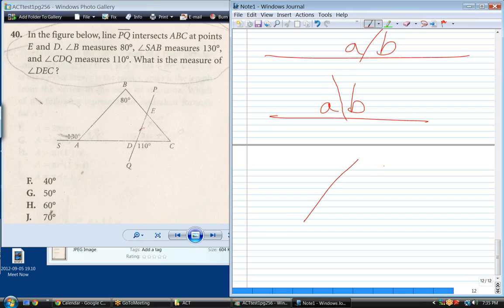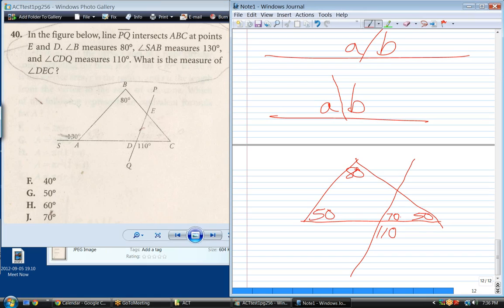C would have to be 20. Well, that's 50. That's 80. This angle here, this plus this have to be 180, so this would have to be 50 also. This is 110, so what's this angle here? Remember, 110 plus this angle have to be 180. So this angle right here would have to be 70.